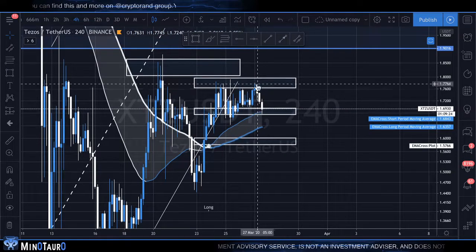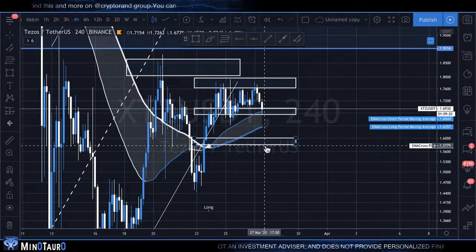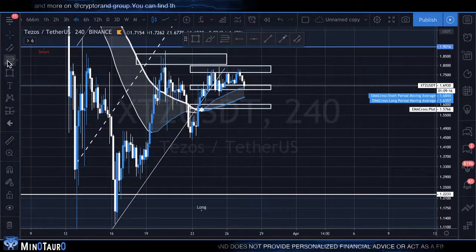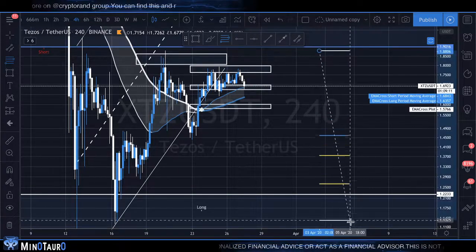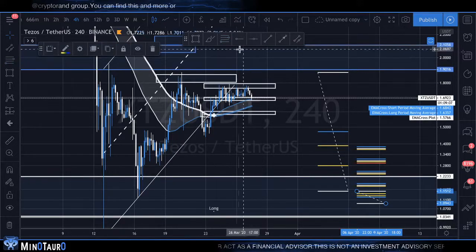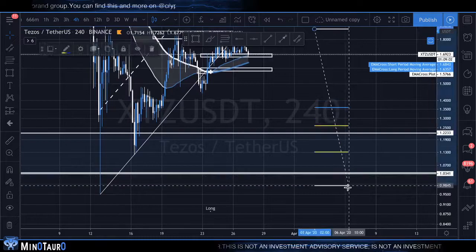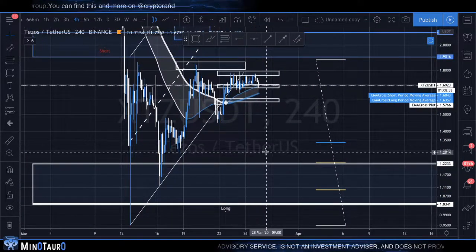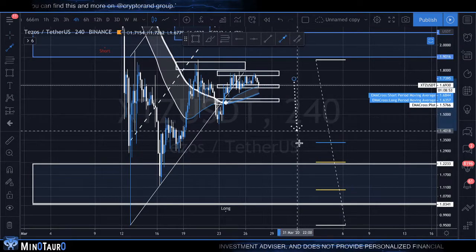Still supporting. 3 to 2, 2 to 1 is still good. 1 under, probably causing a big crash. In this case, we have our golden pocket around here and here. So in this case, the golden pocket is going to be here.